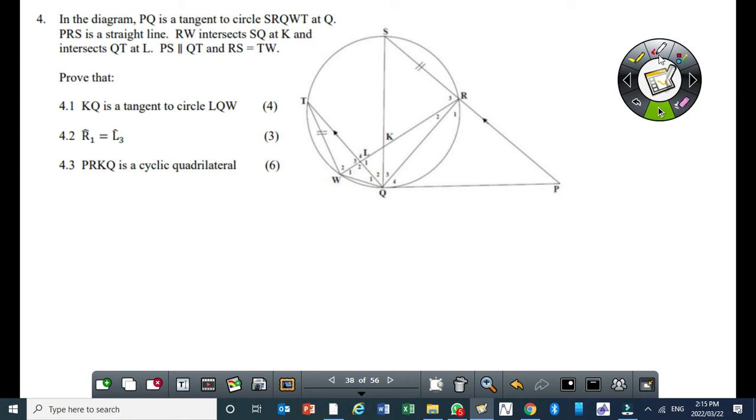So the next question now, we need to prove that R1 is equal to L3. So L3 is this angle here, it's that angle there. It's equal to R1. I'm not sure how you might have done that question.